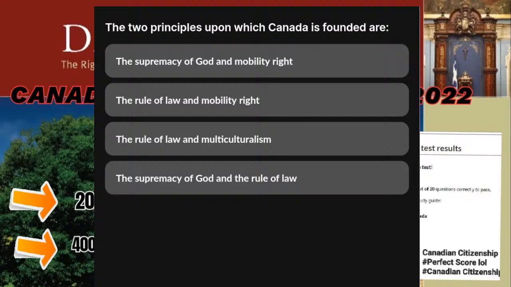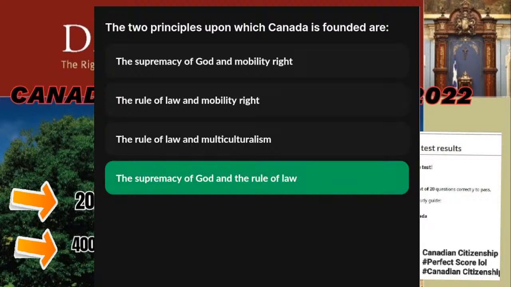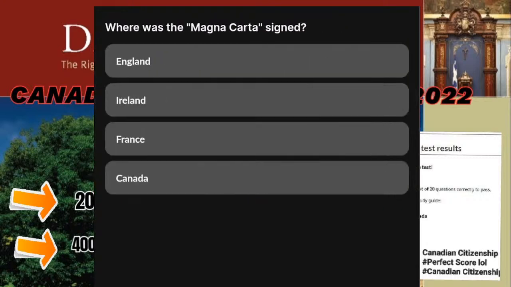And the answer is letter D, the supremacy of God and the rule of law. Next. Where was the Magna Carta signed? A, in England. B, in Ireland. C, in France. Or D, in Canada. And the answer is it is A, in England.